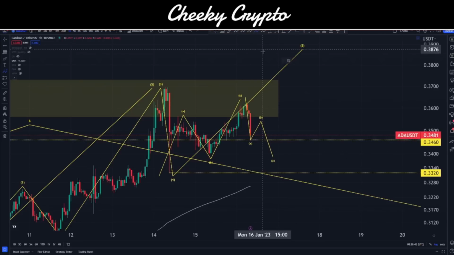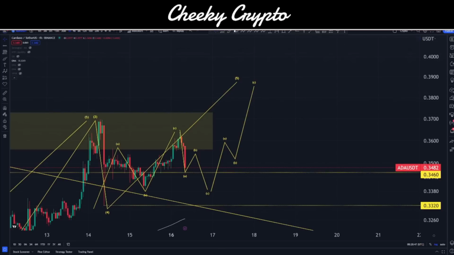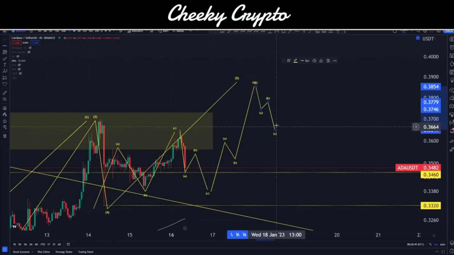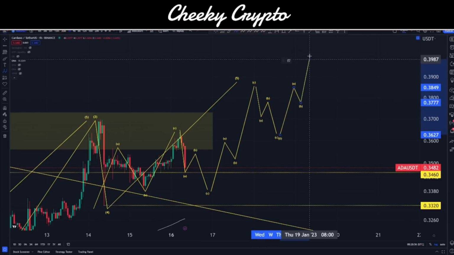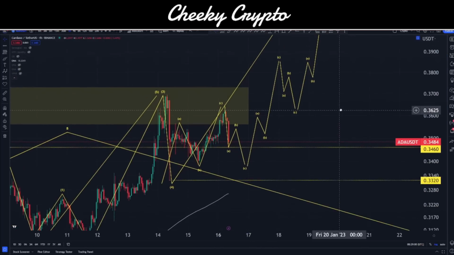Then we'd go up in 3 again, another A, B, C structure like this. This would then be followed by another 3-wave structure coming down, which would overlap with the first one, and then we'd finish this off with typically another 3-wave structure, and this would be an ending diagonal, and it would take us higher.